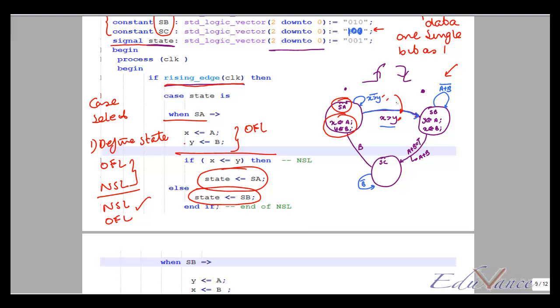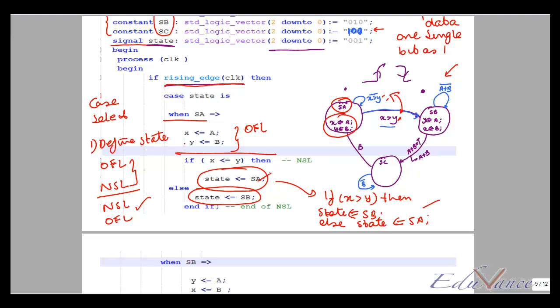Basically, we wrote this opposite. I can also write this same statement as if X is greater than Y, then state is SB, else state is SA. Both are one and the same.